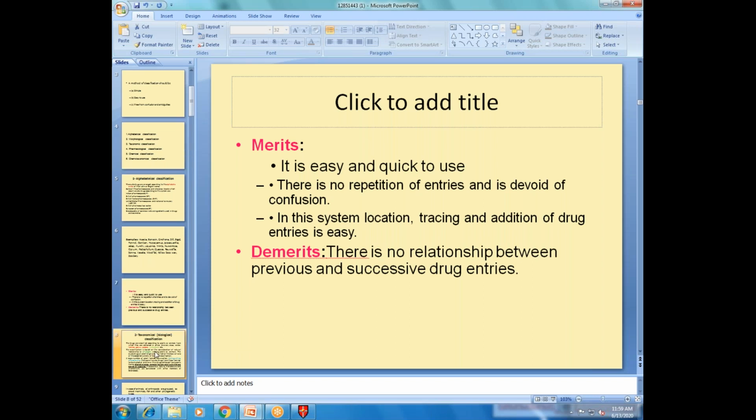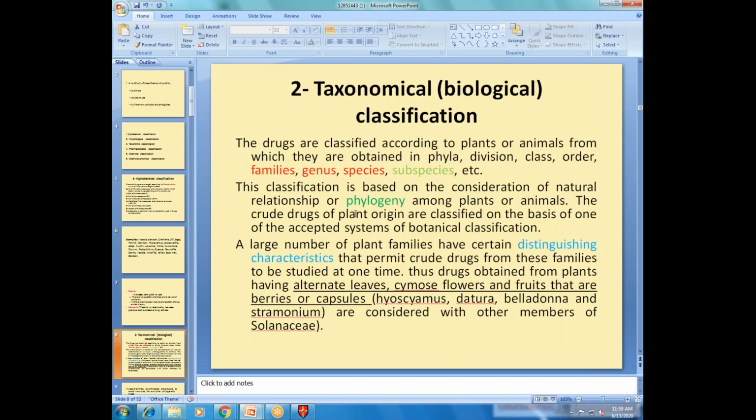Coming to the next classification, it's a little bit tricky to understand. It is the taxonomical classification. The drugs are classified according to the plants or animals from which they are obtained, that is in phyla, division, class, order, families, genus, species, subspecies, etc. You now know what a genus and a species are.